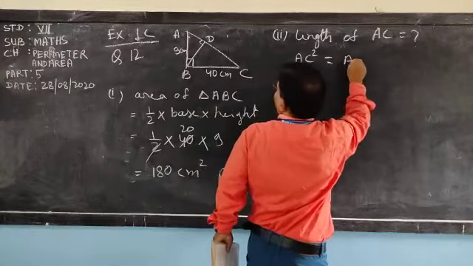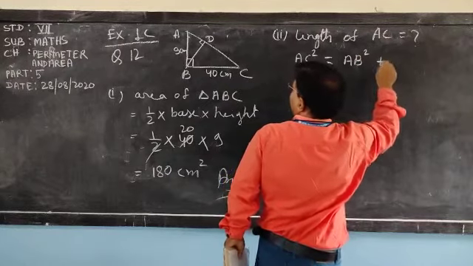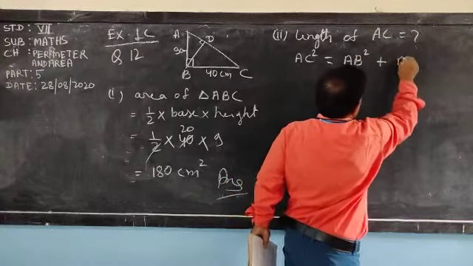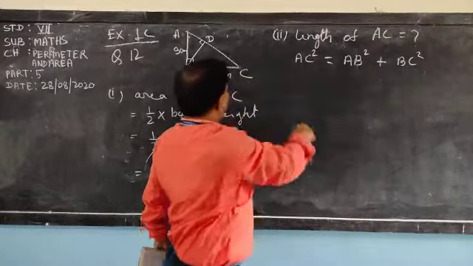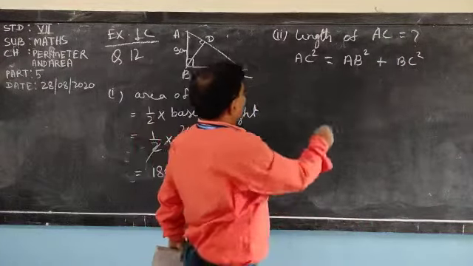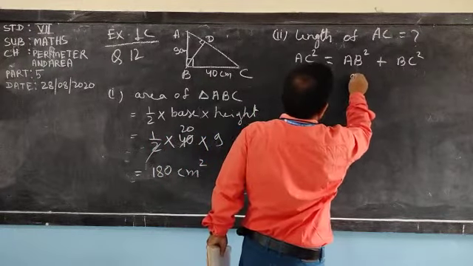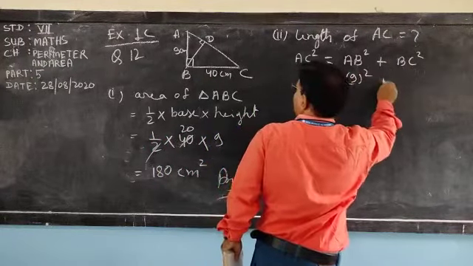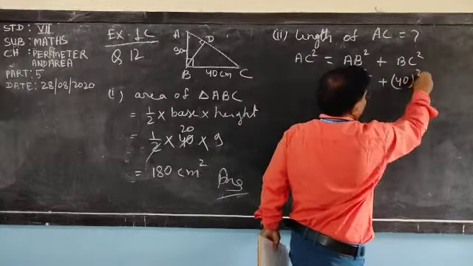Our perpendicular is AB square plus base square. Our base is BC. So we are asked to find AC. Let us put the values. AB is 9 square and BC is 40 square.